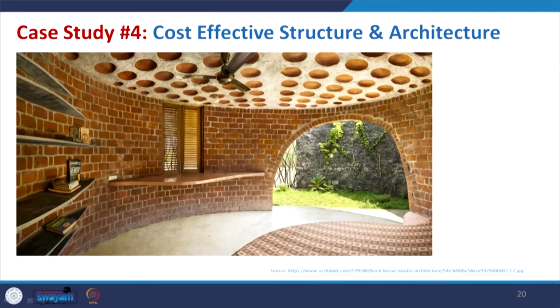This is another one where the exposed brick is being used, and also the filler slab that I have shown during that roof construction technique. So, this is giving a very nice view from the inside. Not only are we saving the money, we also improve the aesthetic value.